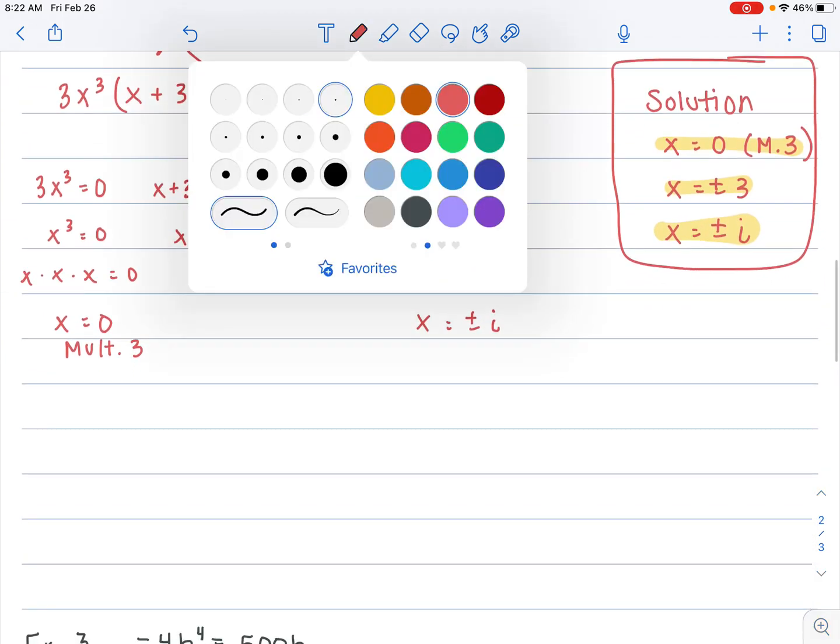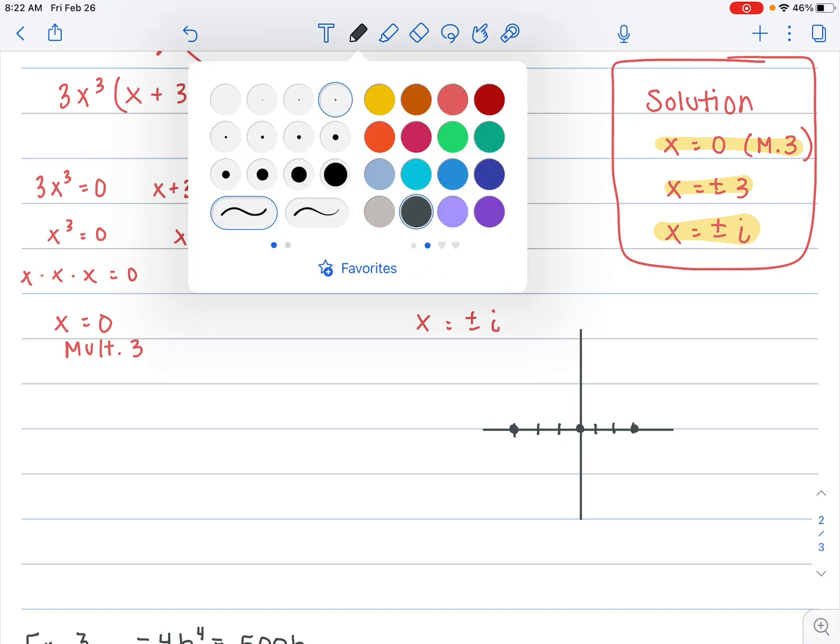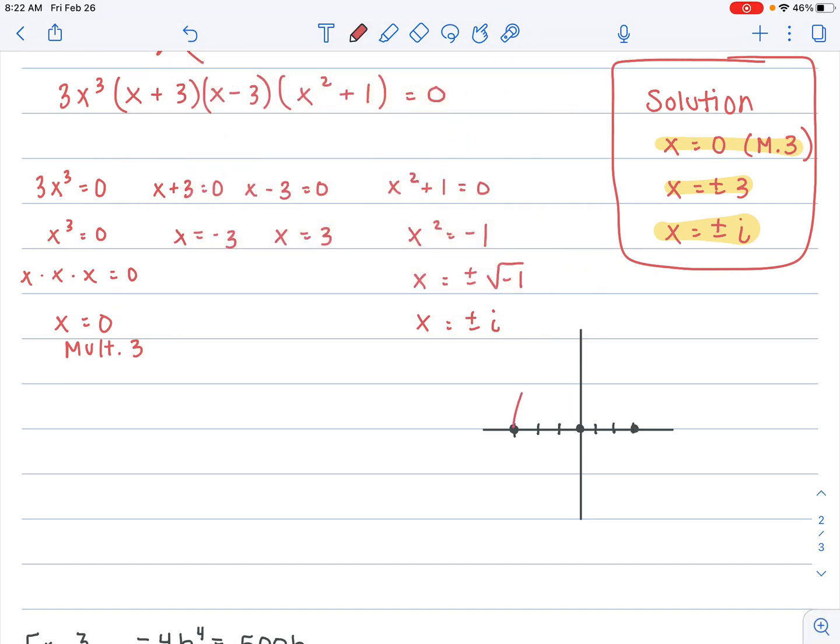Now here's what an odd multiplicity is going to look like on your graph. All right, so we know we have solutions at x equals 0, an odd multiplicity. We know we have it at plus and minus 3. We have that plus or minus i, which we won't be able to see on the graph, but it'll look something like this, where it changes.